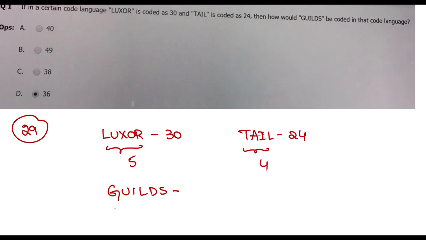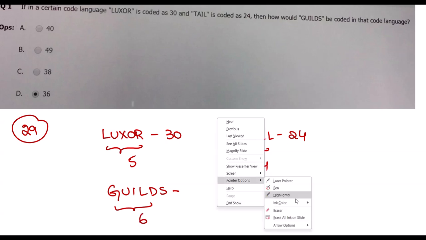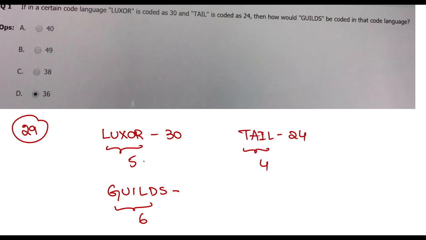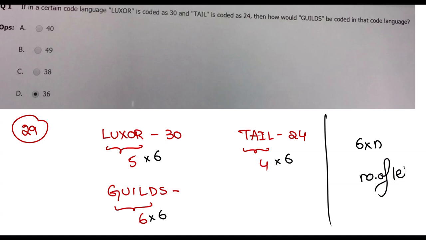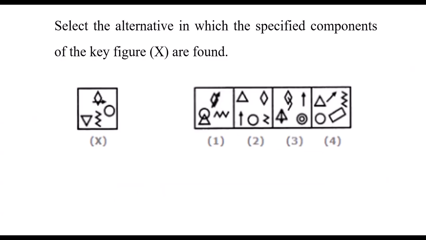Here, number of letters is 4. Here, number of letters is 6. Number of letters they multiplied with a constant. We'll go for L value to a lot of things in your mind, but it's simple. Number of letters multiplied by 6. This is 6 into n, where n indicates number of letters. Number of letters in that word multiplied by a constant. 30 is a good number. We'll stop with 30.